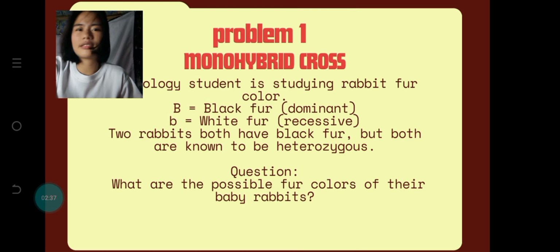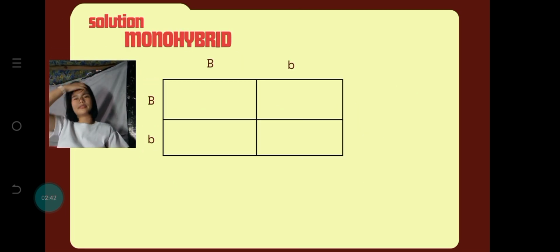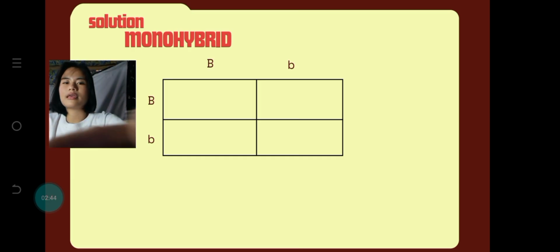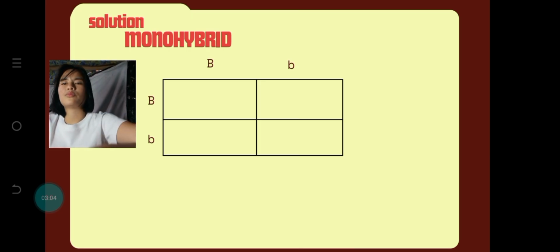Let's see. So inani ang Punnett square. And then ang solution, we will cross this one into the dominant B, which is the dominant allele, and the recessive allele. Okay, now let's start crossing. Inani ang may tabo.